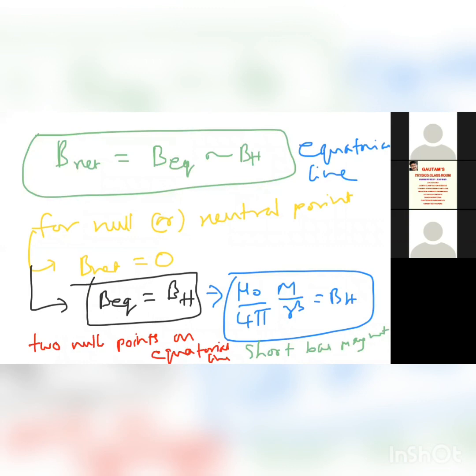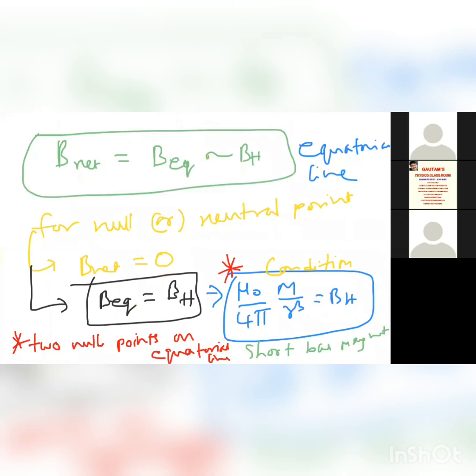The condition for a null point is mu naught by 4 pi, M by r cube, equal to BH. Capital M is the magnetic moment of that magnet. So I hope you are clear with this one.